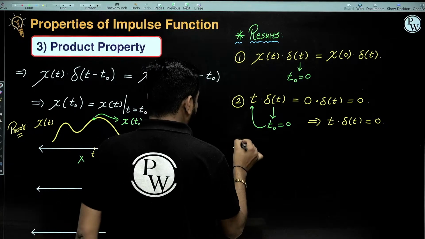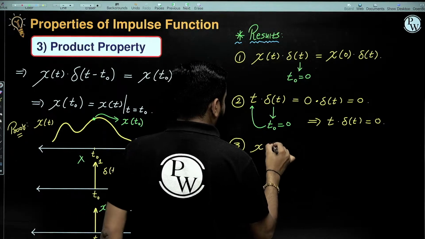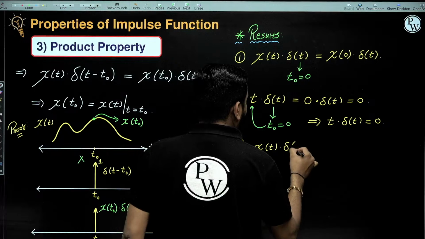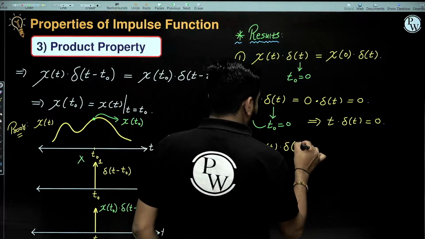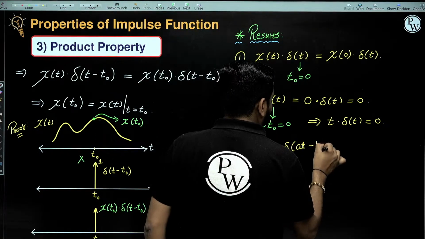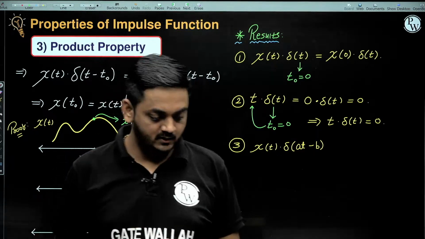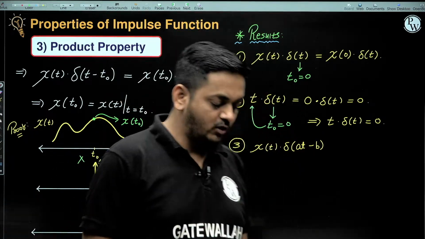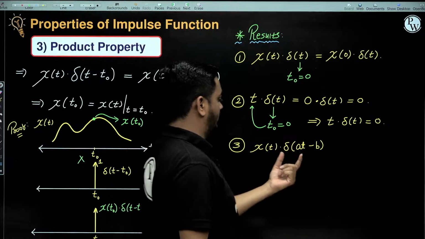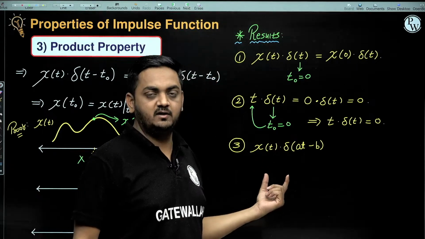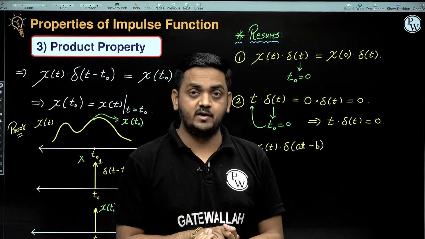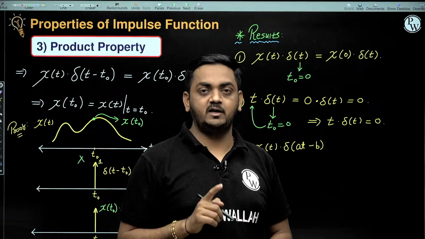Now the third result, in general: suppose x of t into delta of a t minus b. Then what will be the answer? First of all, before using the product property, you have to use the scaling property. First the scaling property, then the other properties.